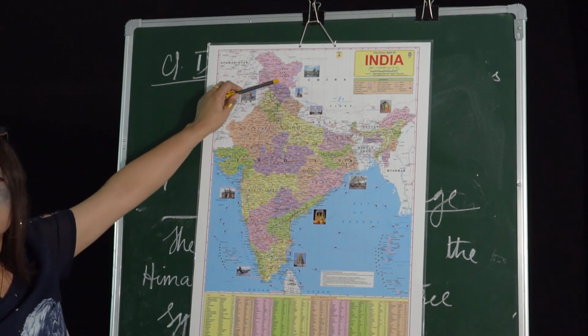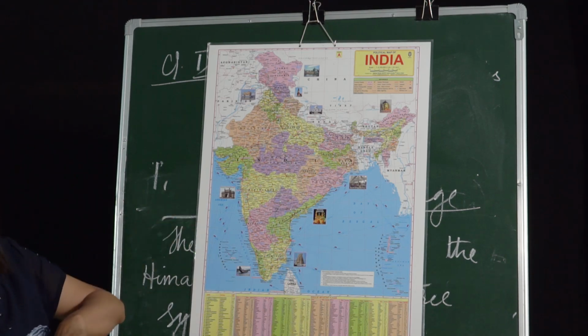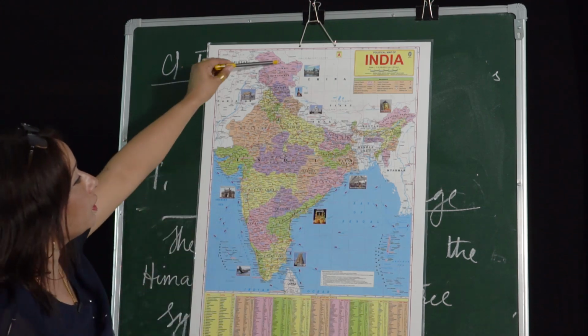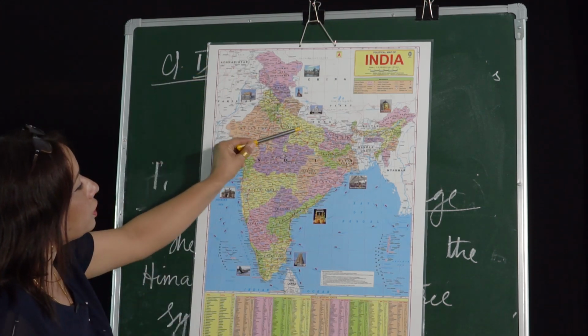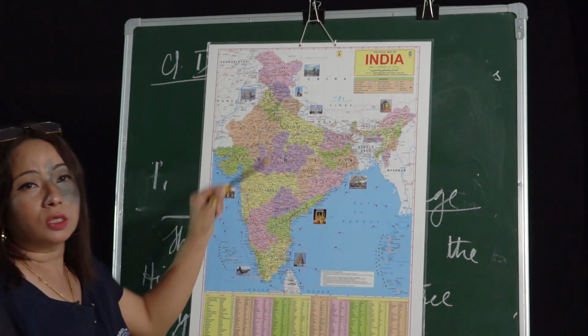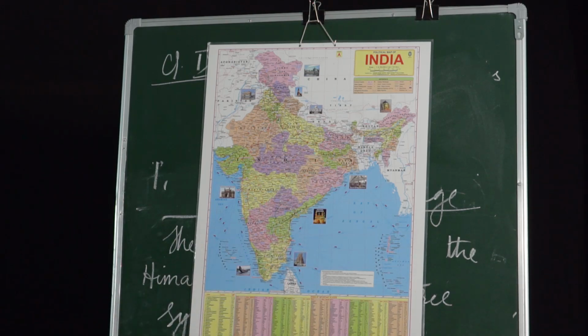In the upper course, erosional work is intensive and the slope is steep, because it is flowing from the mountains. As it reaches here, the slope becomes gentle, and because of that depositional activities take place in the lower level.